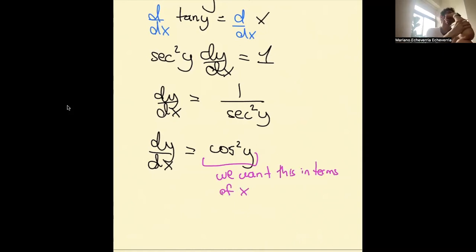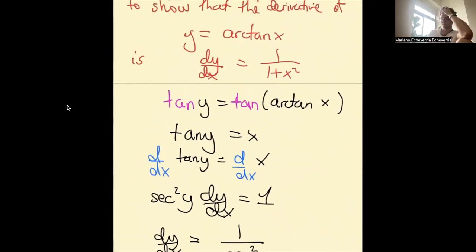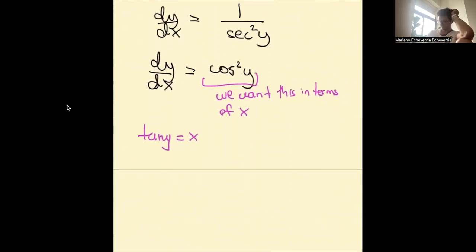Okay. So here's something you could do. We know the tangent of y equals x, right? We saw that before. So you can make a right triangle. Think of y as an angle here. What's the definition of the tangent in terms of a right triangle?